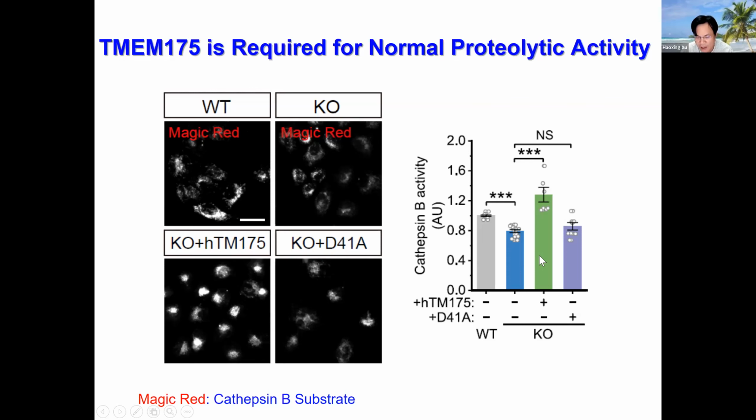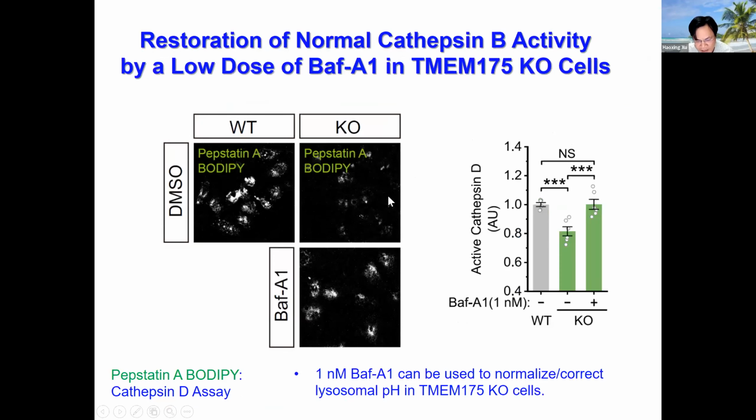The same is true for the cathepsin D activity when we perform the lysosomal pH correction experiment I mentioned earlier, using just 1 nanomolar of bafilomycin. So the activity is rescued.